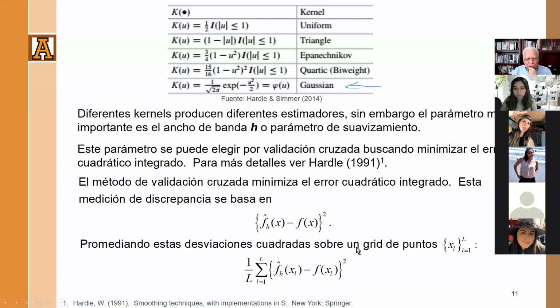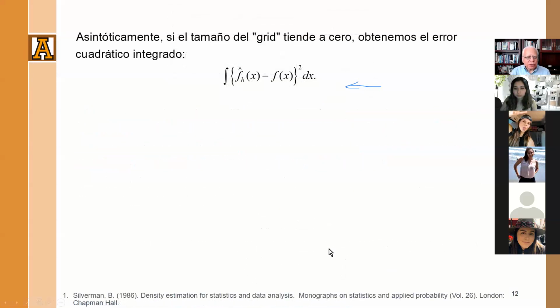Okay, so we average the observations over a grid of points, and that's how we choose the grid. Let me erase this thing here. They show that asymptotically, if the grid size tends to 0, then we obtain the integrated mean square error.